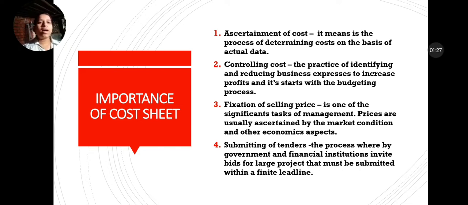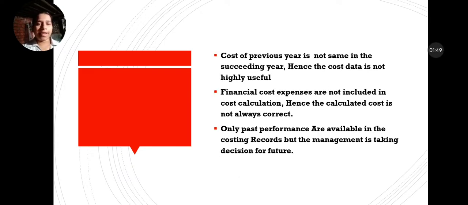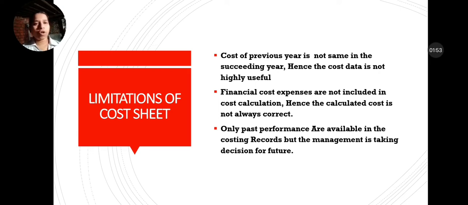Prices are usually ascertained by market conditions and other economic aspects. Submitting of tenders is the process whereby government and financial institutions invite offers for large projects that must be submitted within a finite deadline.